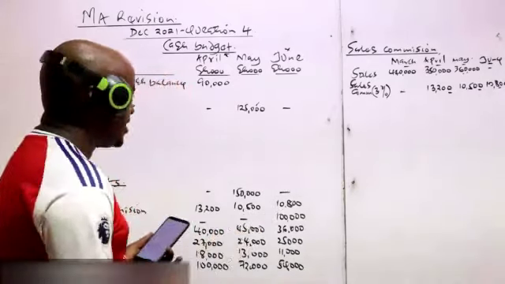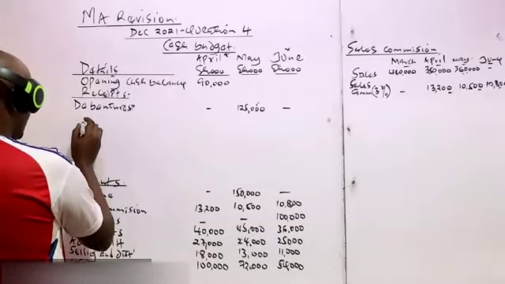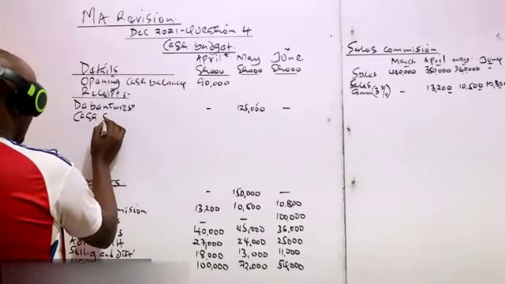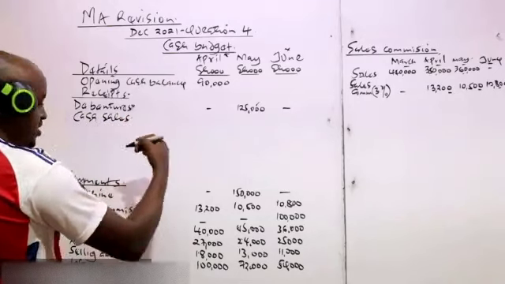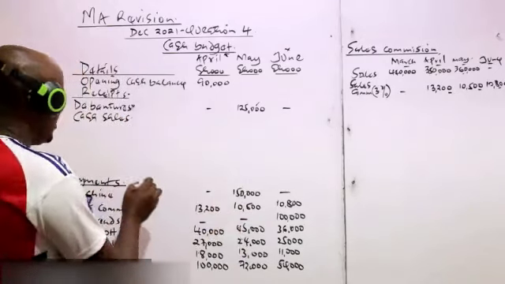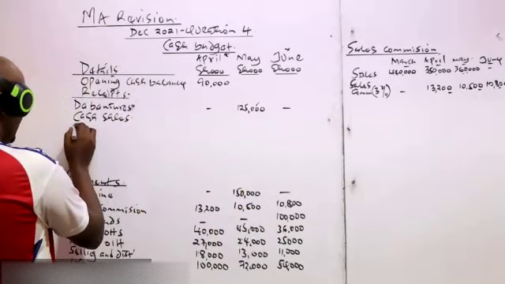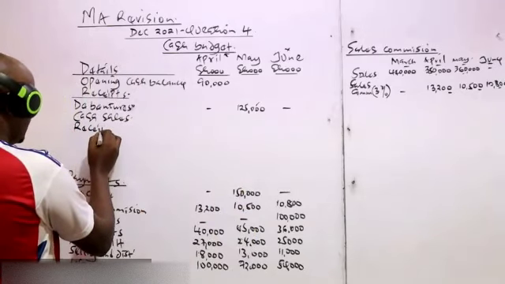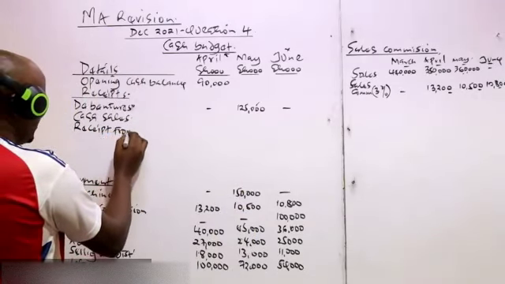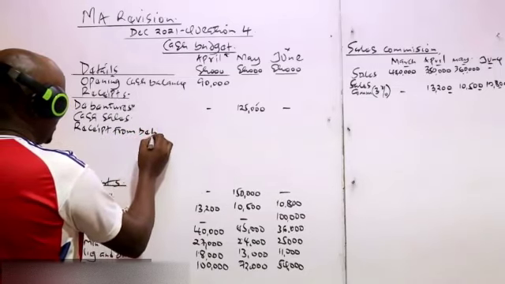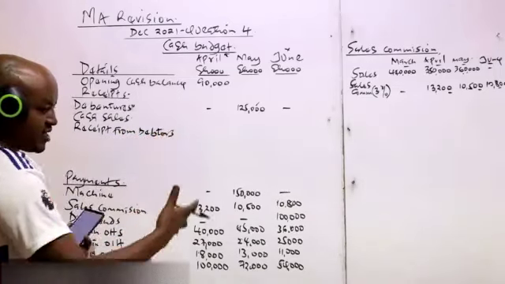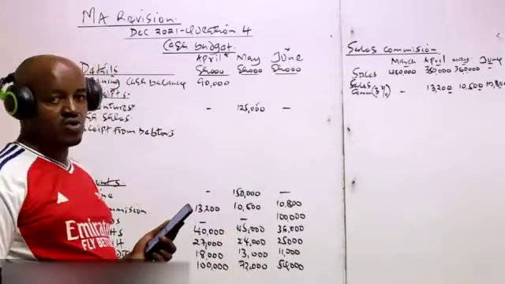I think first of all, we can deal with the cash sales. Those will pay in cash. And then from there, we proceed and we compute the receipt from debtors. The receipt from debtors will include the amount to be received from debtors who do not pay in cash.